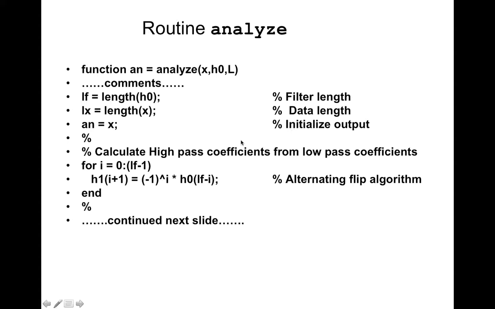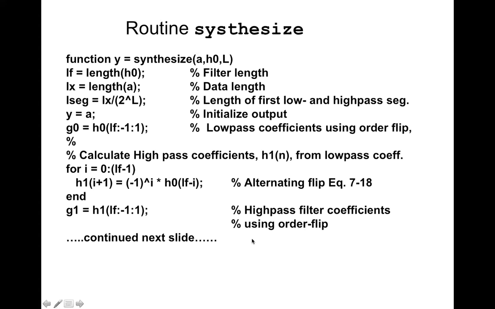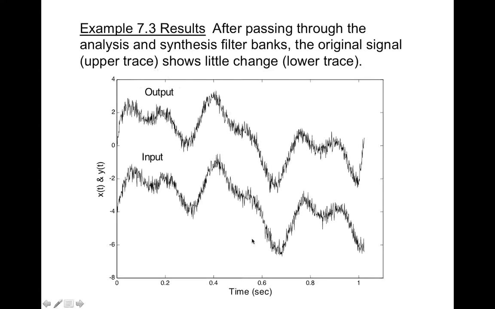So here's the analyze routine and filter outputs and the synthesize, and I want to flip forward to look at the output. So here's a signal and here's its output, and you notice there's actually very little change. The randomness in the noise is going to change a little bit between input and output, but basically the signal looks virtually the same.